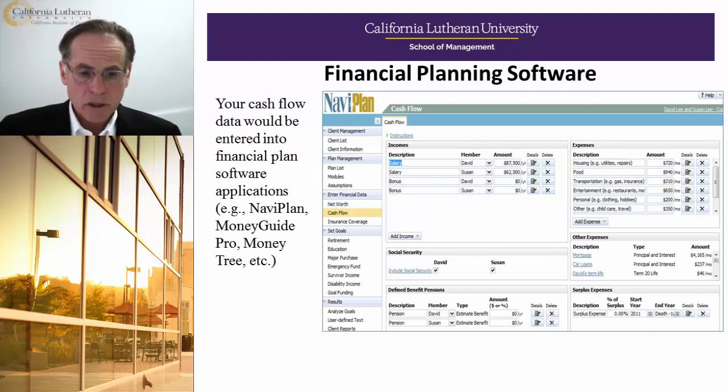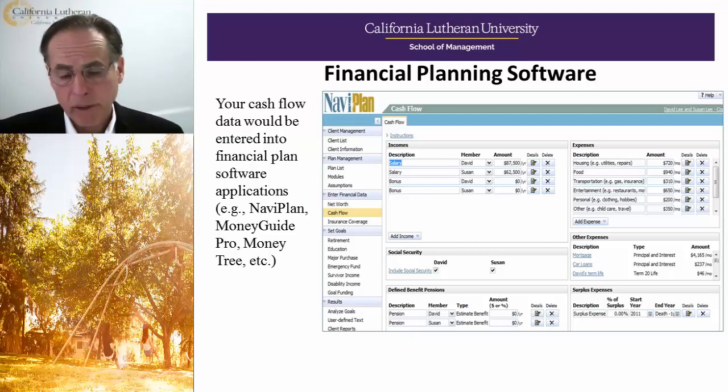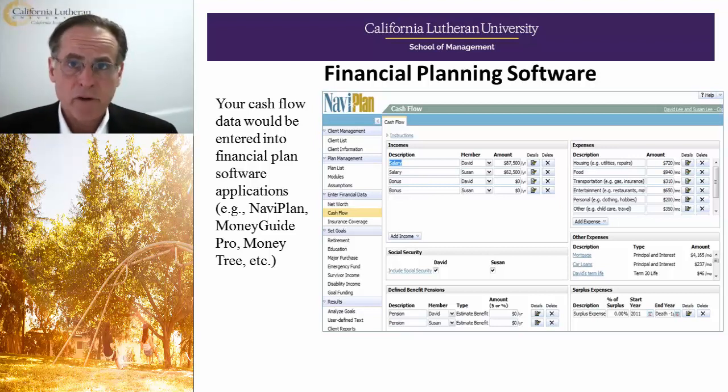Here's an image of how you would be entering the cash flow data into financial planning software. This happens to be, as you can see, Naviplan, but most of the other financial planning software applications, MoneyGuide Pro, MoneyTree, and I can go on, work the same way. They're really goal driven, but you can see you're putting in the details. Look at the salary, the amount there.